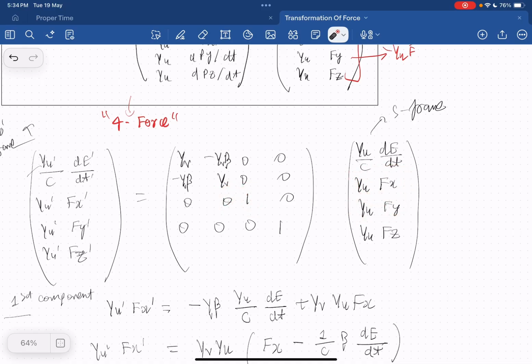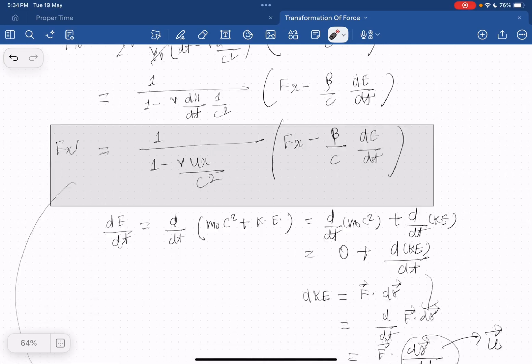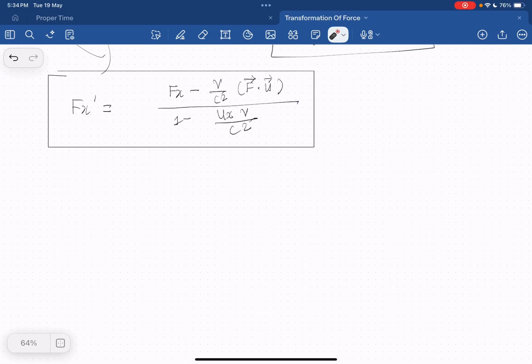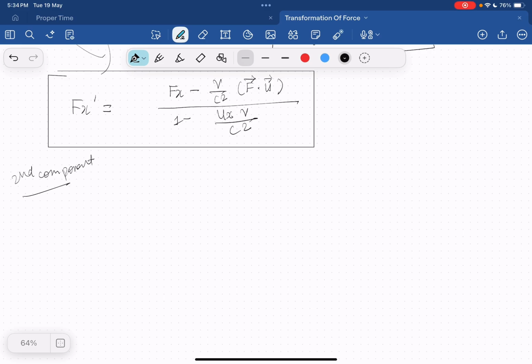So for the second component, we get gamma u prime fy prime is equal to gamma u fy.